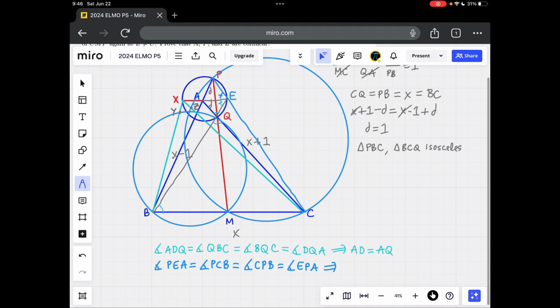And this gives that AE equals AP. But AP equals AQ. So we have AD equals AQ and AE equals AQ. And since both D and E lie on line AX, they must be the same point. And we have proven that D equals E.